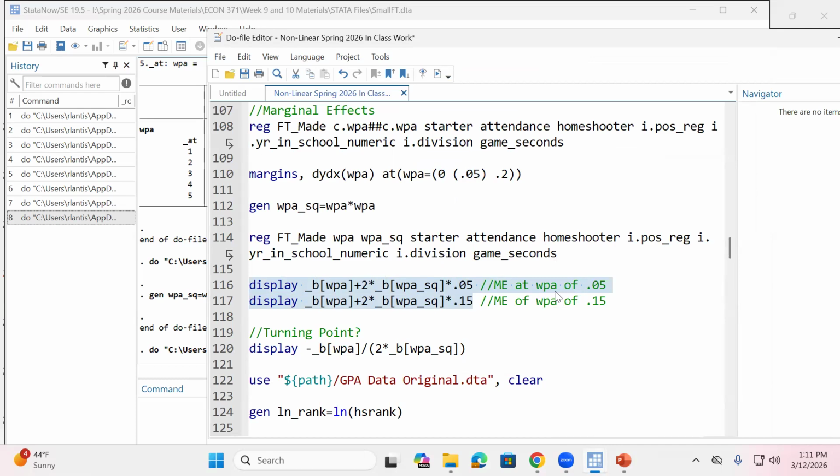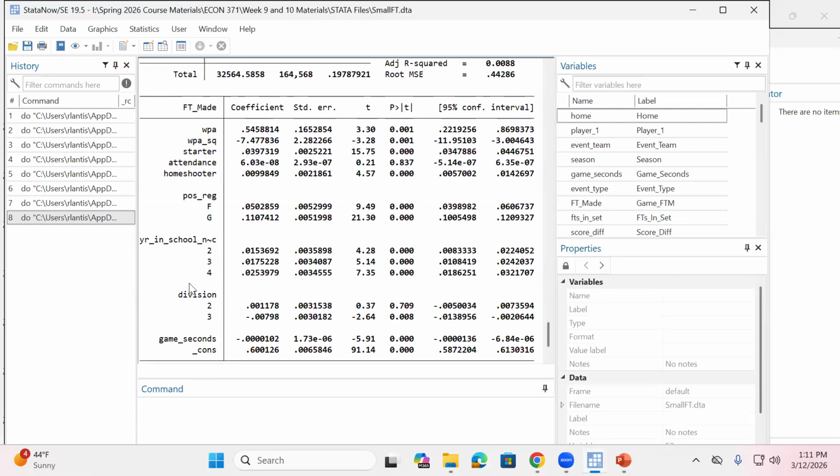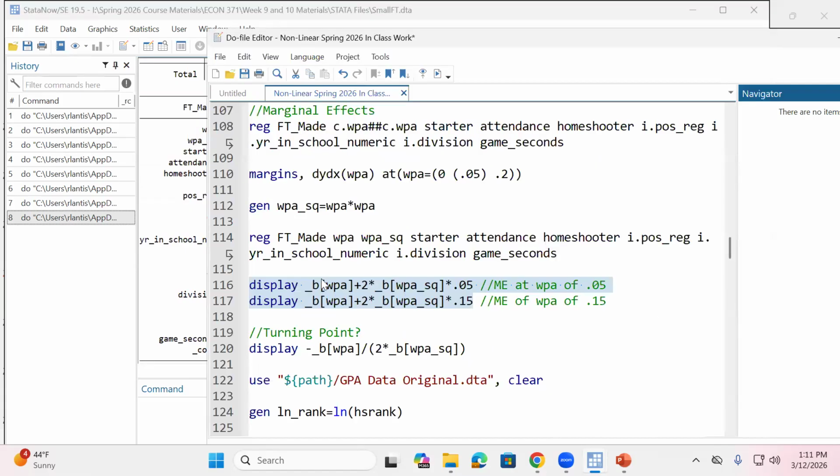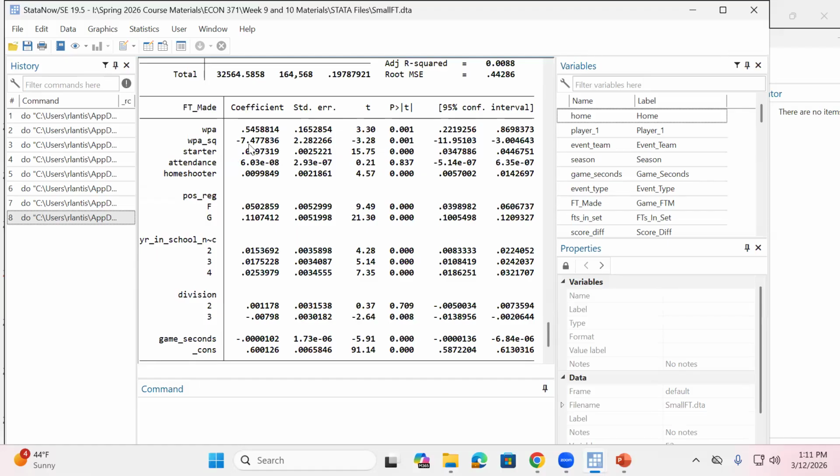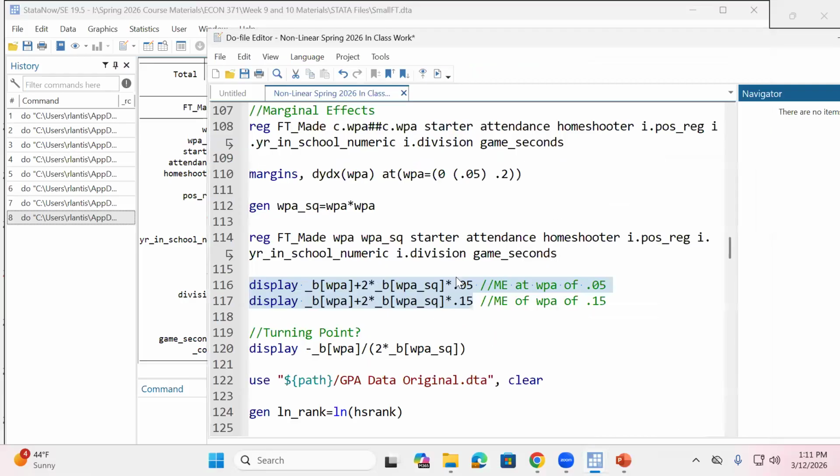If I was writing this out by hand, what I would do is take the coefficient on the linear term, 0.545. I would then add to it 2 times, what, negative 7.5-ish, right? That coefficient on the squared term, and then multiply that by my hypothetical value I'm interested in finding the marginal effect of, okay?